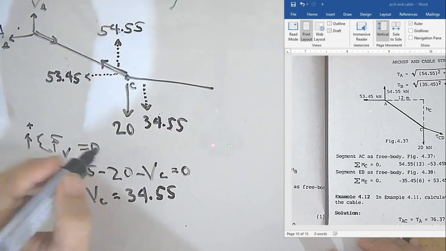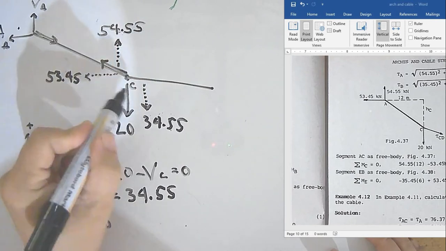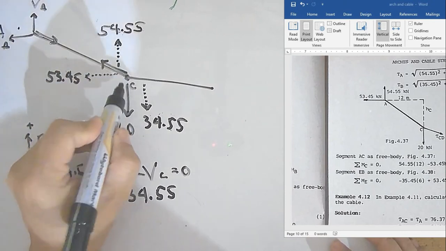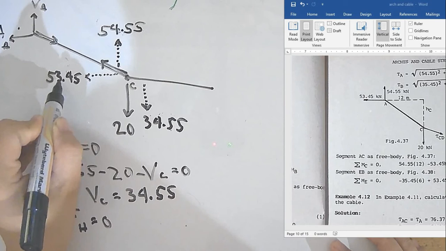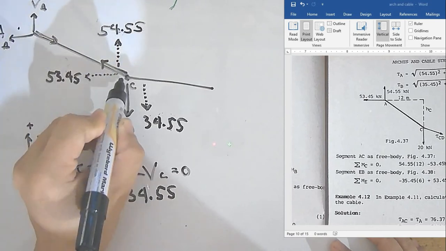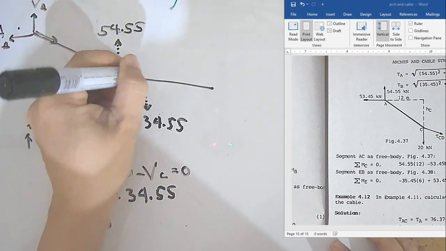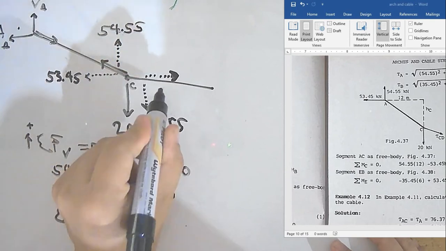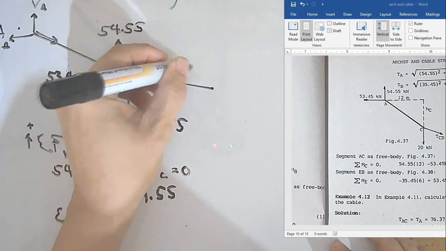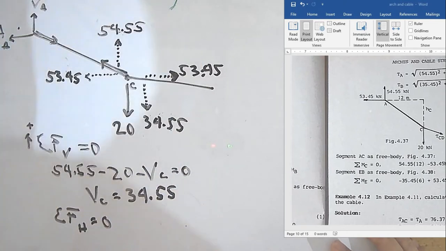Okay? Next, summation forces horizontal still at point C is equal to 0. Ang horizontal force ngayon sa point C is 53.45. Kung walang kokontraryan, forever nagagalaw si point C to the left. So, meron siyang horizontal, no? Which is equal to 53.45 kilonewton.